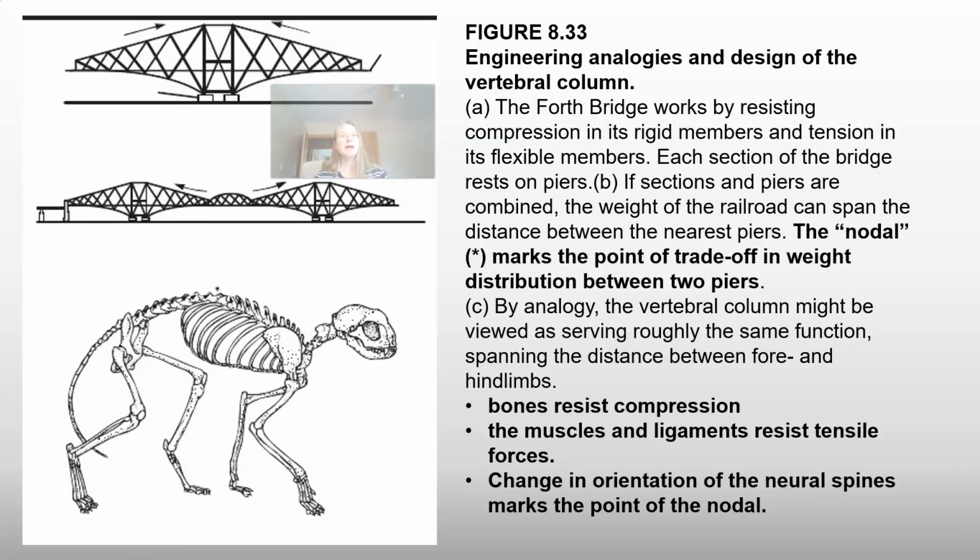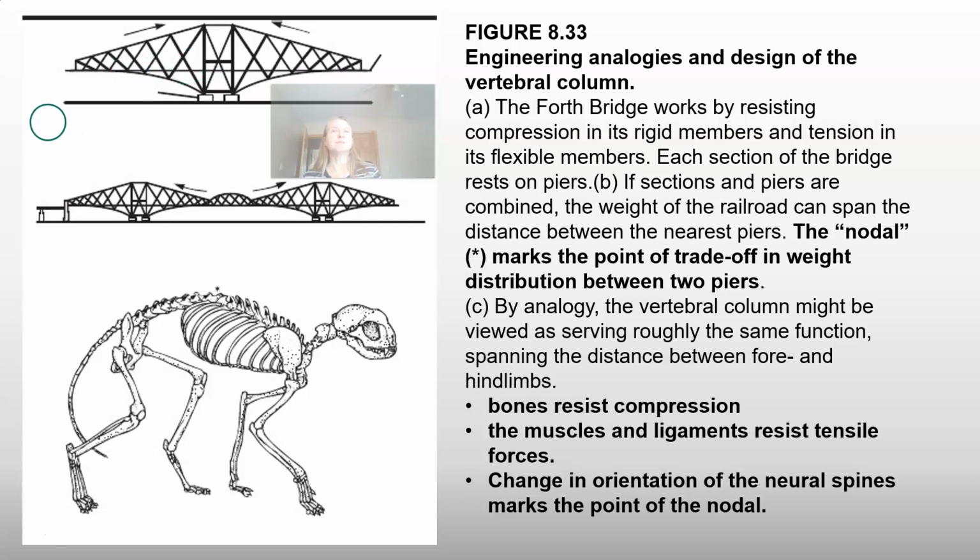All right, so on this figure, we're going to go through it rather quickly, but I left all of this text on here for you so that you can go through it more closely later on, just to make sure that you get it. So when we're thinking about the spine, we can think about the forces that are applied to it in the function. So when we think about the bridge, it's going to resist compression, being pushed together too much by the rigid members, and it's going to resist tension by these more flexible members.